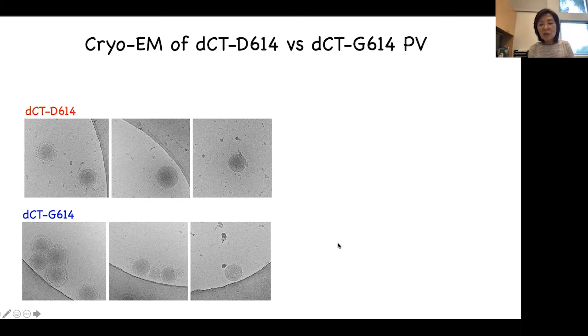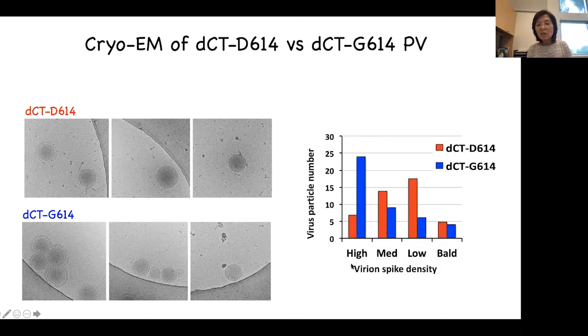So we counted many virions and came up with, of course, this is not real quantification, just a pseudo quantification. They are at the University of Washington doing tomography, so that is going to give us a real quantification. But anyway, we categorized these virions into 4 categories: high spike density, medium, low, and bald.